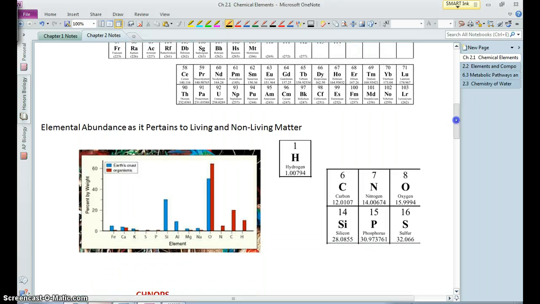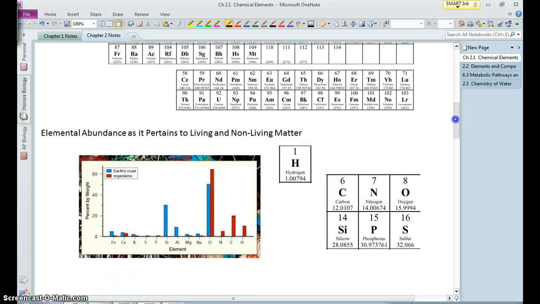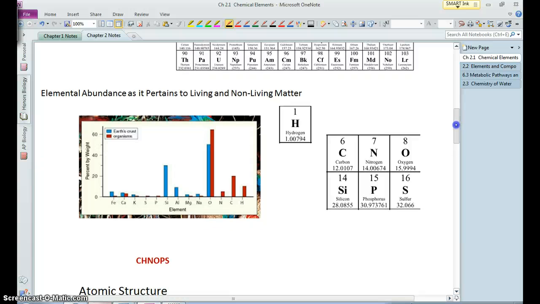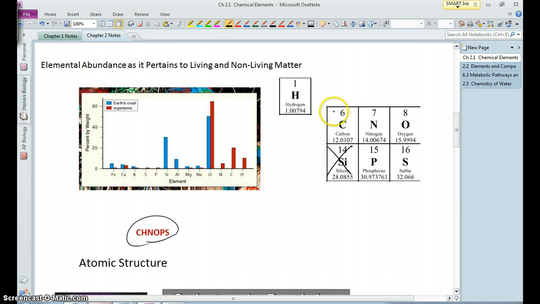Now, with living things, there's a subset of these elements that we need to concern with, and these are sort of the main ones. We're not going to worry about silicon, but we're going to focus on what we designate as SNOPs. And so carbon, hydrogen, nitrogen, oxygen, phosphorus, and sulfur.